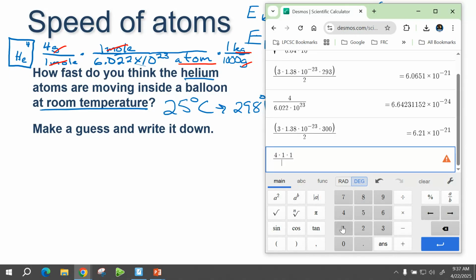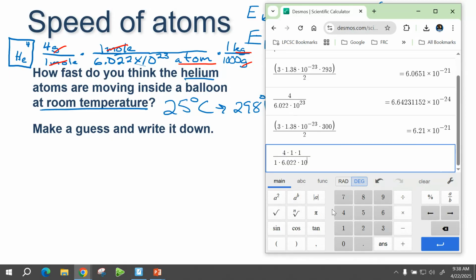On the bottom, I'm going to say 1 times 6.022 times 10 raised to the 23rd times 1,000.